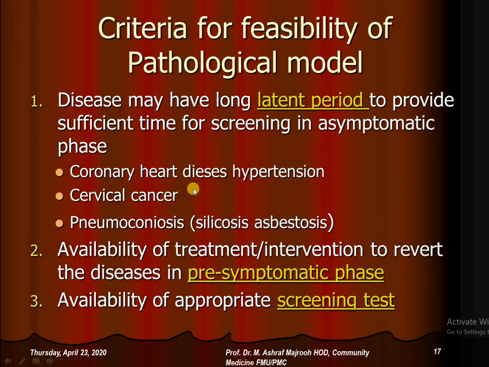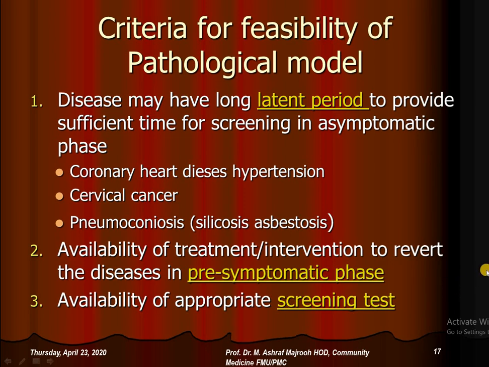Coronary heart disease, cervical cancer, and pneumoconiosis are suitable for this, along with other diseases. There must also be other criteria: the treatment or intervention to revert the disease in the pre-pathogenic phase must be available. Then an appropriate screening test in the asymptomatic phase must be available.